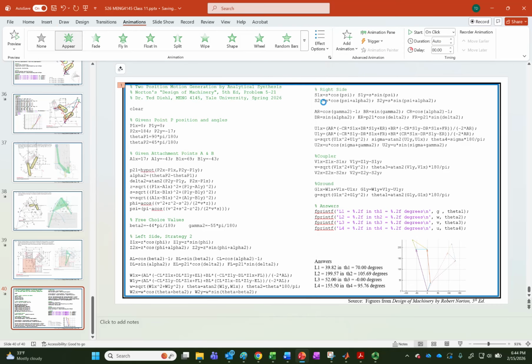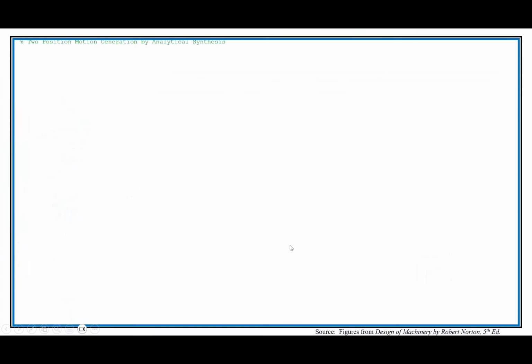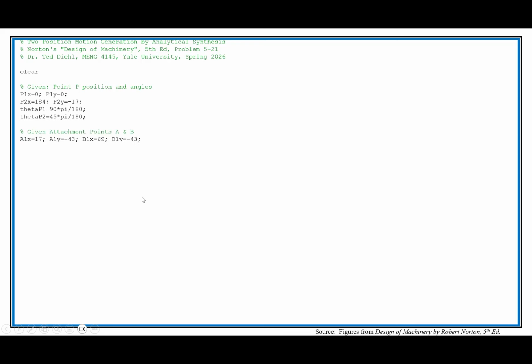And I know that's just exciting to see something animated, but there's nothing groundbreaking in this code. It's merely what you would get out of it. So for completeness, we start off with all these parameters, and we know these are the attachment points onto the box.